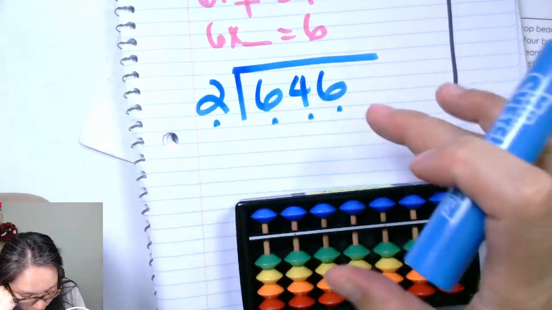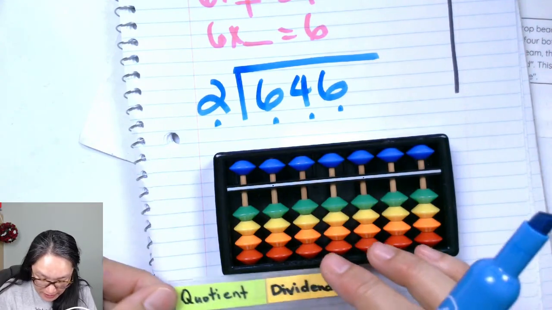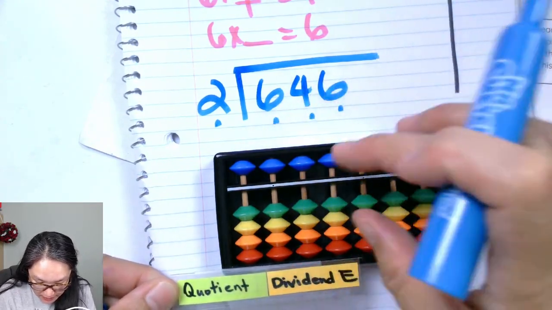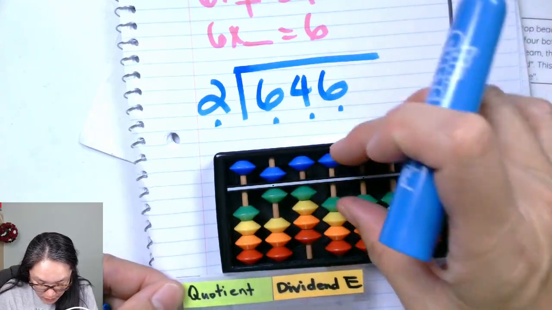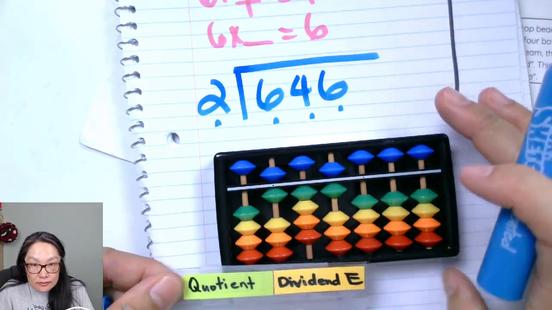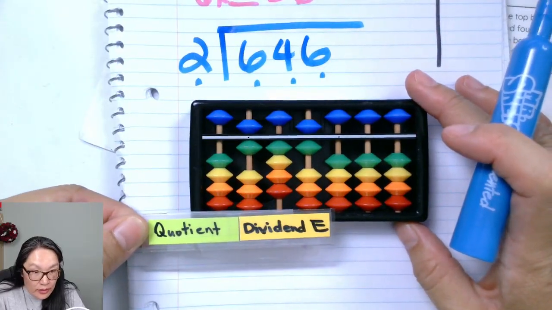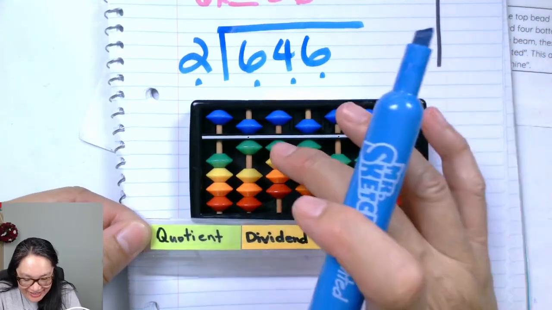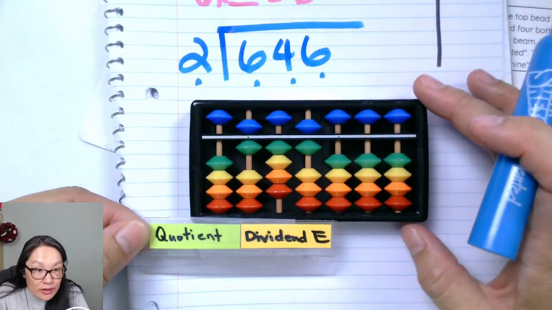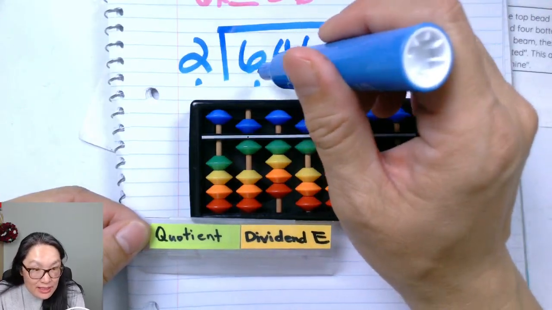So we know we're going to go 2. We've got to go here. That's where our 2 is. So what's going to happen is I'm going to do 6, 4, 6. Does that make sense? Are we okay with that? If that was too much, let me know. I can redo it. So what's going to happen is I'm going to compare 6.